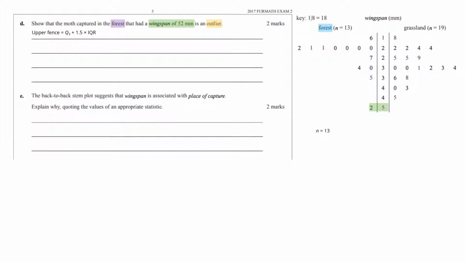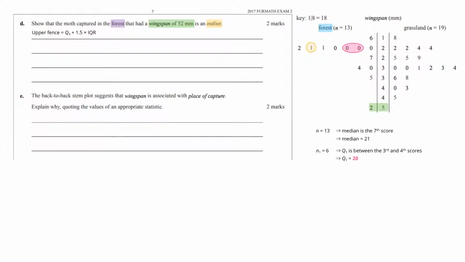On the left-hand side of the back-to-back stem plot, there are 13 scores, which means that the median of this set of data is the 7th score, which is 21. There are 6 scores on either side of the median, so to calculate the first quartile, we have to calculate the mean of the third and the 4th scores. That gives us Q1 equals 20.